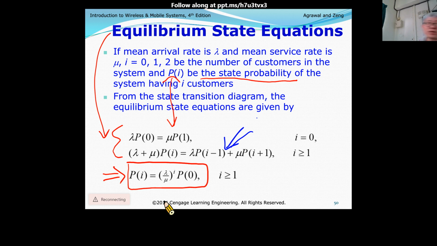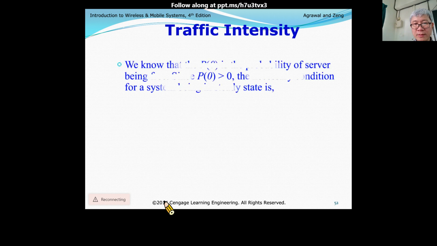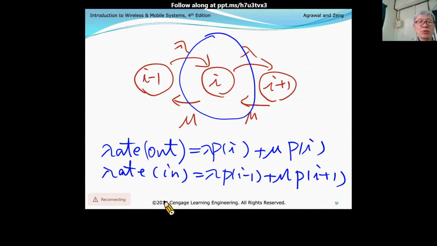But we have a special case, the first one. So currently we can have this. Why do we have the first one?